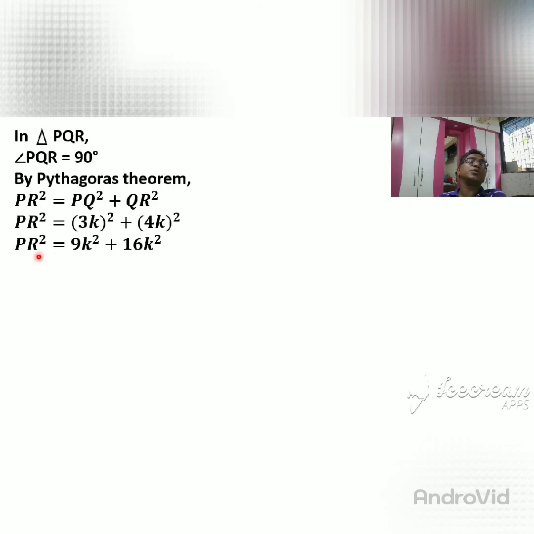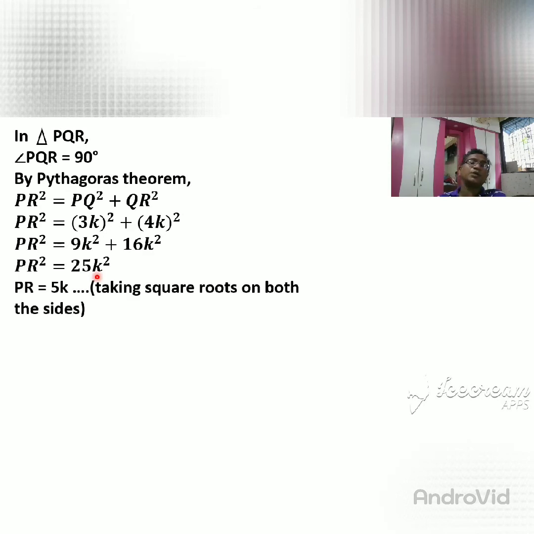So PR square is equal to 9k square plus 16k square, that is 25k square. Taking the square root, PR is equal to 5k.